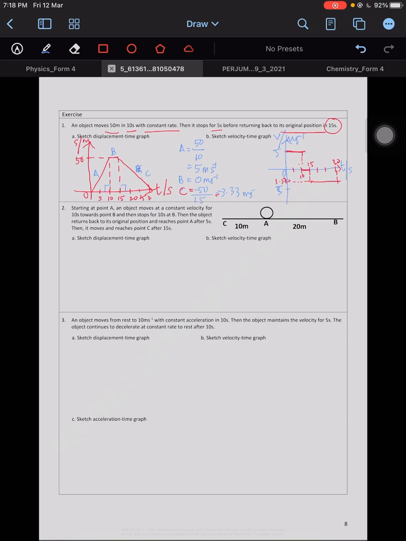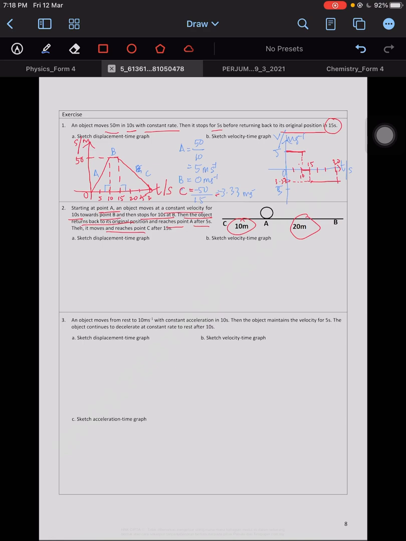Okay, starting at point A, an object moves at constant velocity for 10 seconds towards point B, then stops for 10 seconds at B. Then the object returns back to its original position and reaches point A after 5 seconds. Then it moves and reaches point C after 15 seconds. So they already give you the information. What is the distance between A, B and C?